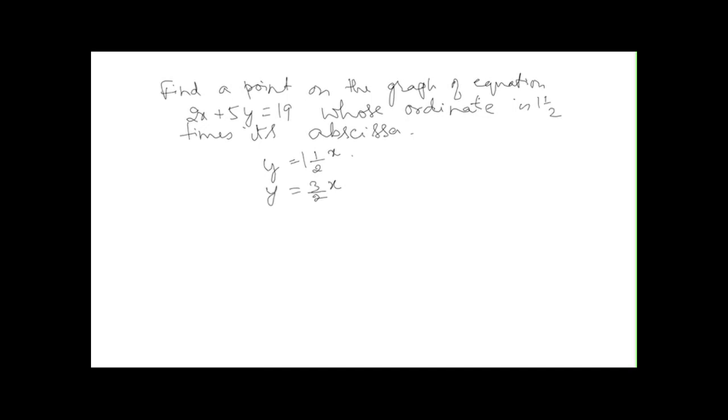So now, what's the given equation? 2x plus 5y is equal to 19. Now you substitute for y and find the value of x.